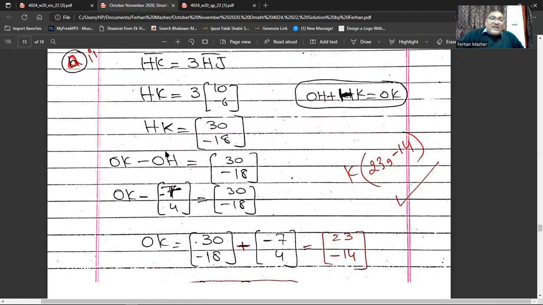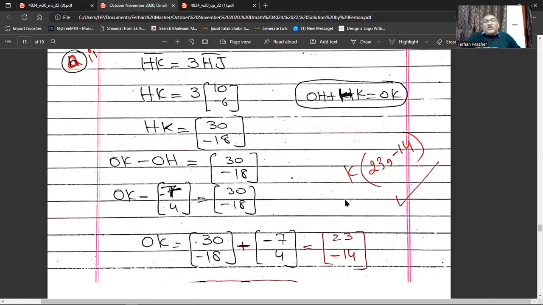I know the position vector of H, that is the coordinates of the point H, which are minus 7, 4. So OK minus the column vector minus 7, 4 equals 30 and minus 18. This minus, when it goes to the other side, it will add. So you will have OK equals 30 and minus 18 plus minus 7, 4. 30 minus 7 will be 23, minus 18 plus 4 will be minus 14.